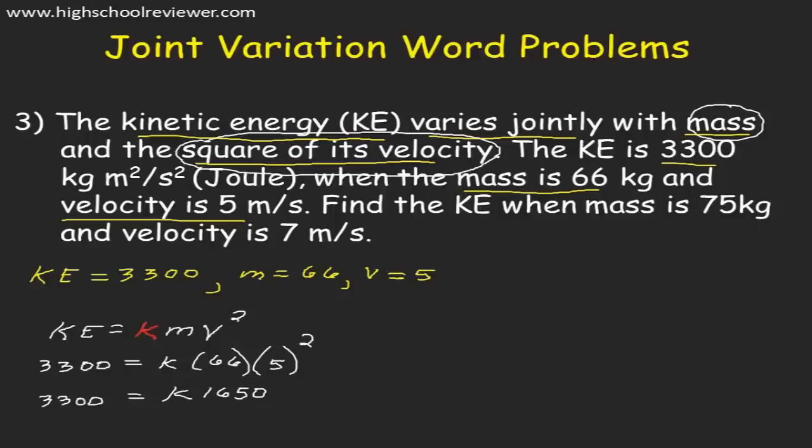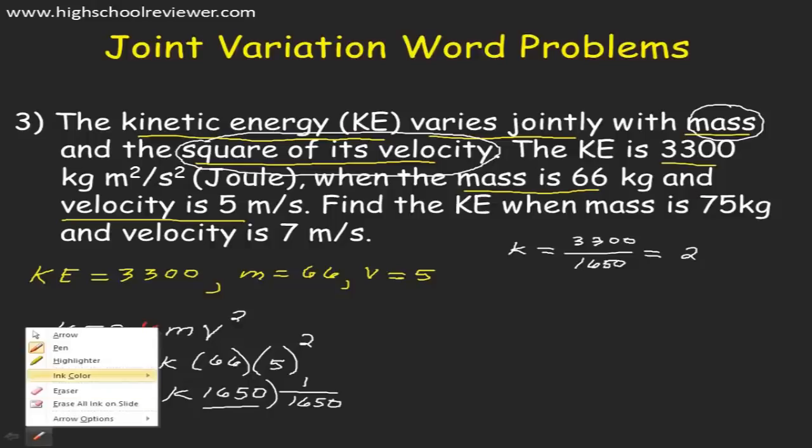To find K, we need to cancel out 1,650, so just divide both sides of the equation by 1,650. So the value for K will be 3,300 divided by 1,650. That will give us 2. So our K, or the constant of variation, is 2. Let us now continue reading the problem.